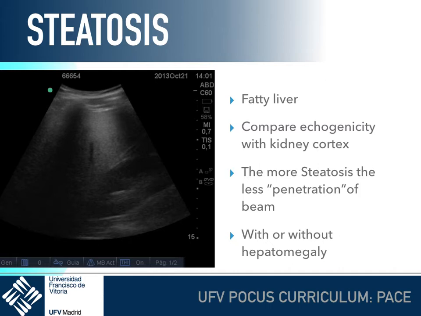Normally, the cortex and the liver have almost the same echogenicity. In steatosis, the echogenicity of the liver is much higher than normal. If the steatosis increases, the more steatosis, the less penetration of the beam. So it means that you will be able to see even worse with a higher degree of steatosis. Remember that steatosis can occur with or without hepatomegaly.